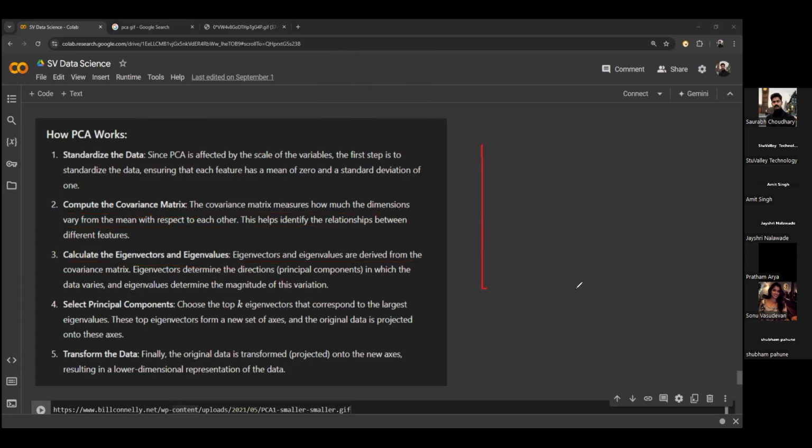So you can see in the graph, if your data is showing some behavior like this one, which is highly correlated, you will see that your data is showing a variation along this axis, right? That is called the eigenvector. So this vector will be used to make our first PC. In the same direction of this eigenvector, in the same direction of the relation, we make the principal component.